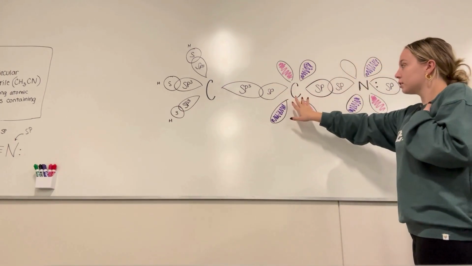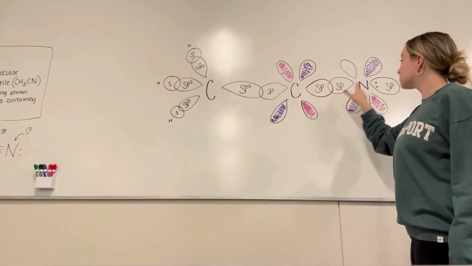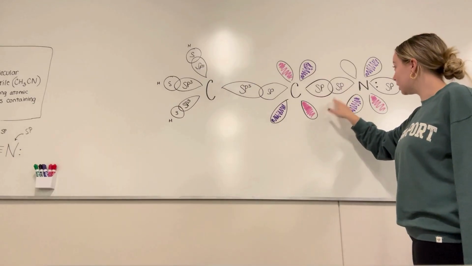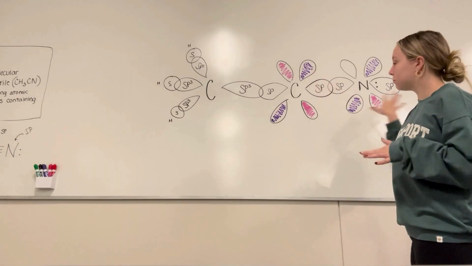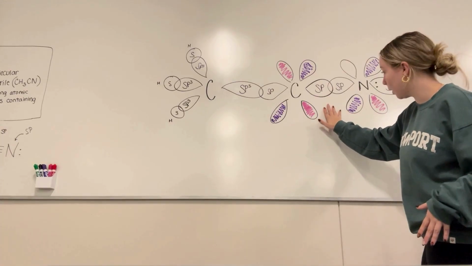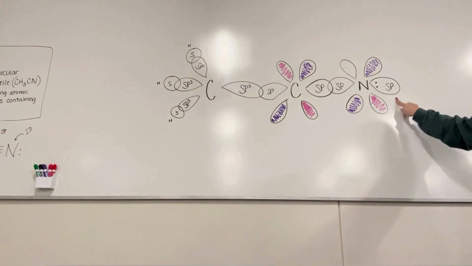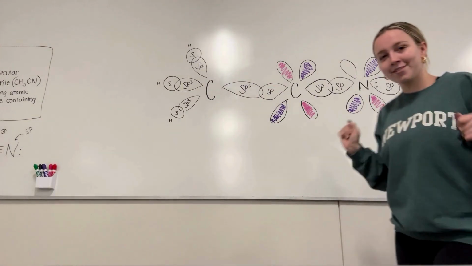The second carbon, excuse me, has an sp overlapped with another sp for the bond to the nitrogen, again the unhybridized p orbitals for the pi bonds of the triple bond, and then the lone pair down here is also in the sp orbital. Thank you.